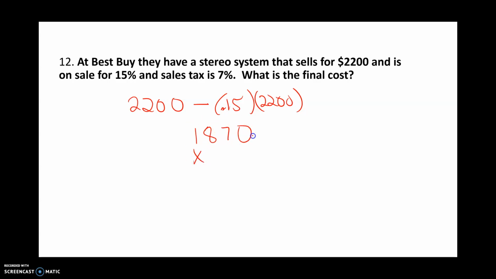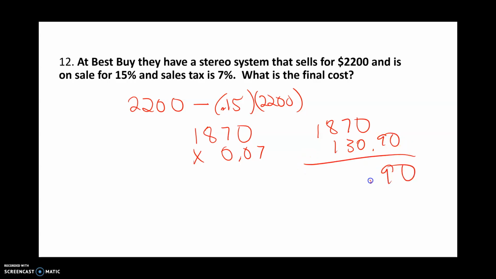Now I get the tax here, so I'm going to multiply by 0.07. So 1870, $130.90 gives me the total. I think it looks like that, but I just did it quick. 1870 plus 130.9. Yep, there's my total.